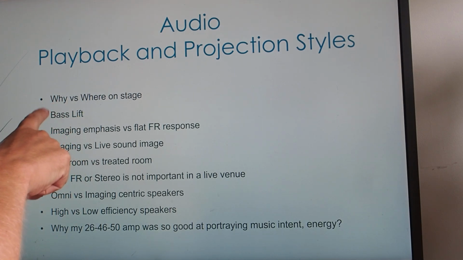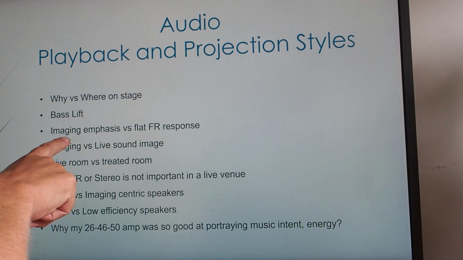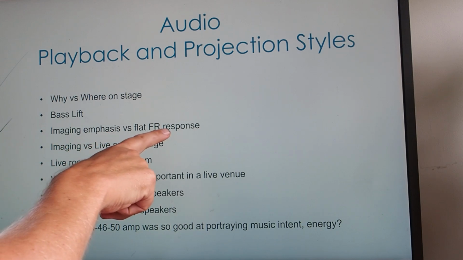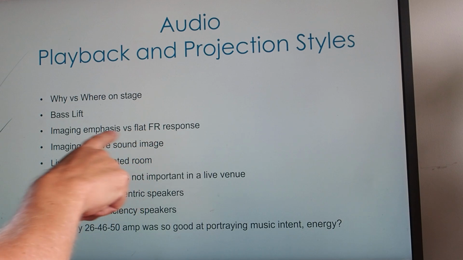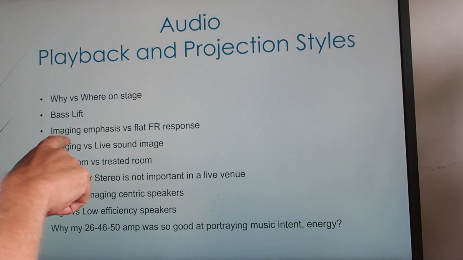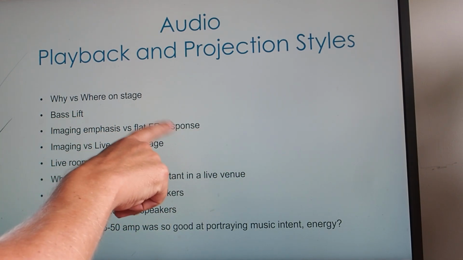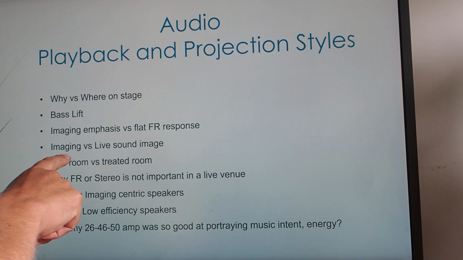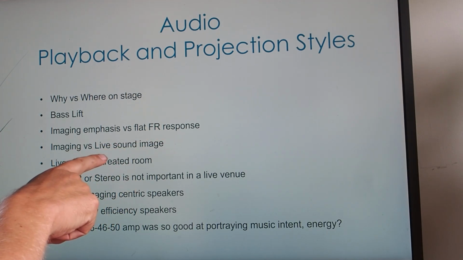So what are they trading? Accuracy for bass. You could trade some non-flat frequency response to enhance your imaging by elevating certain frequency regions that contain spatial information, and then you have better imaging, but you're not accurate. So those are trade-offs. We'll talk about this in more detail in a second.